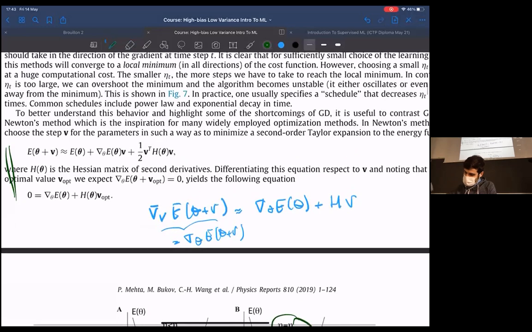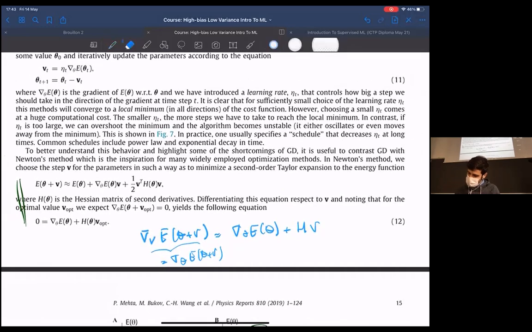I think it's nice if you have a look at what is called the Newton method, which is here. It is essentially the gradient descent that we discussed, but you are also including the second order information.